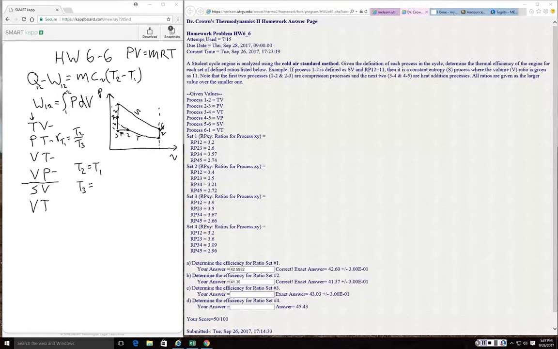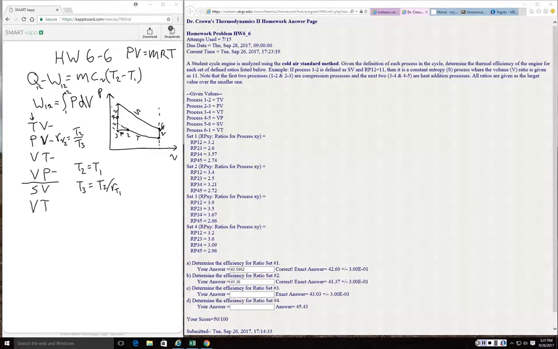So T3 then would be T2 divided by our T1. Or sorry, that was a temperature, but it was actually a volume ratio that was given there. So this is V2.